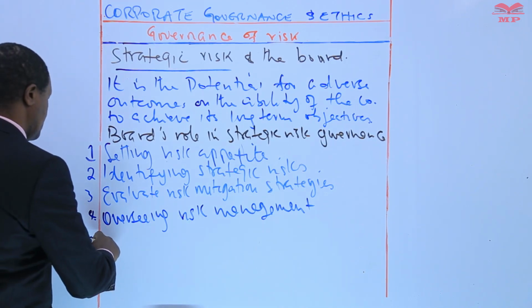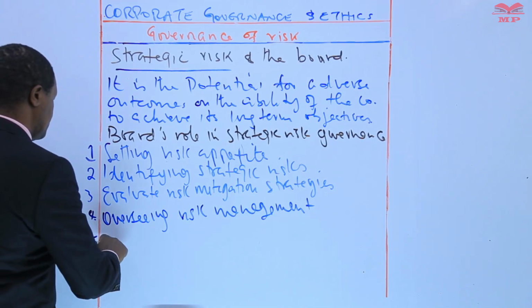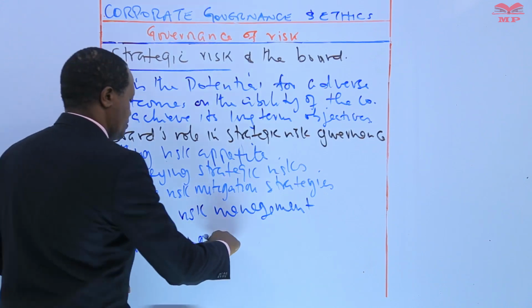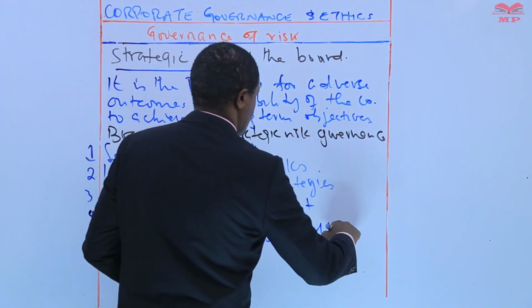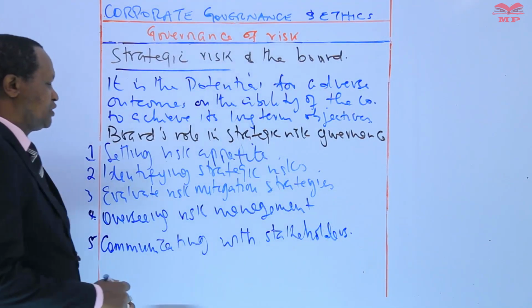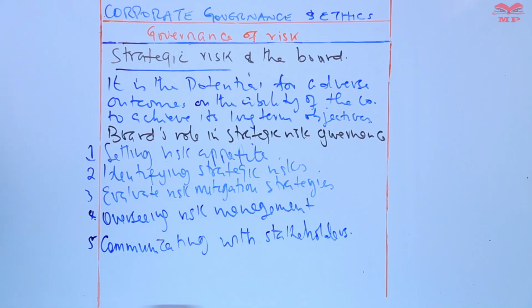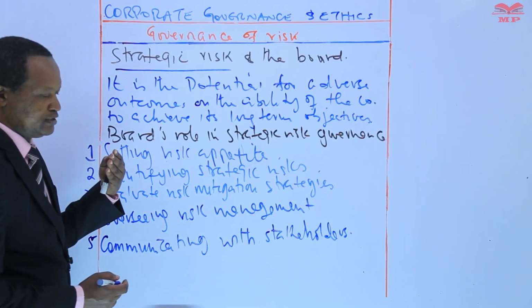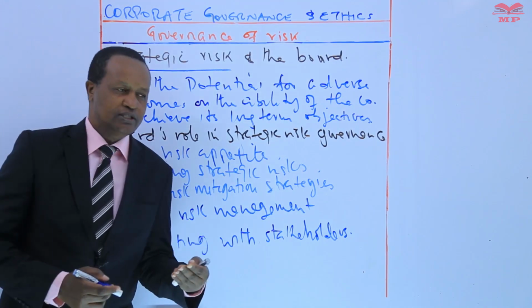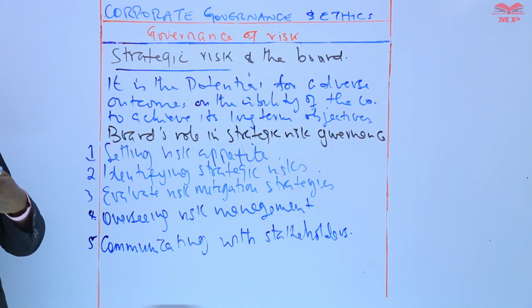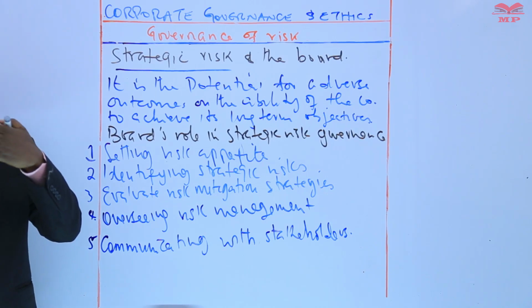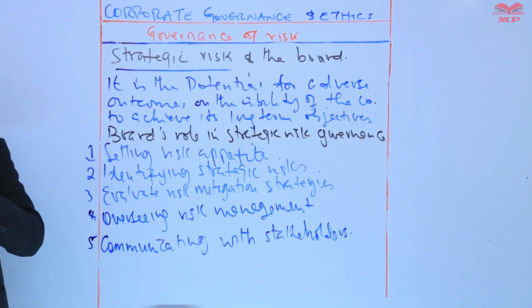Five, communicating with stakeholders. The board communicates with shareholders and other stakeholders about the company's strategic risks and how they are being managed.